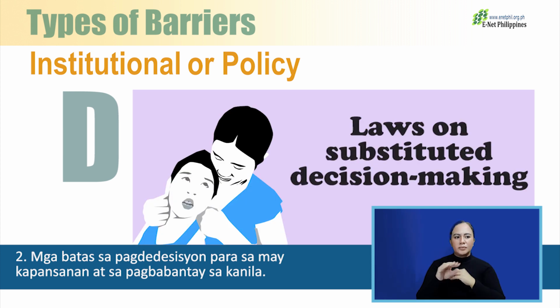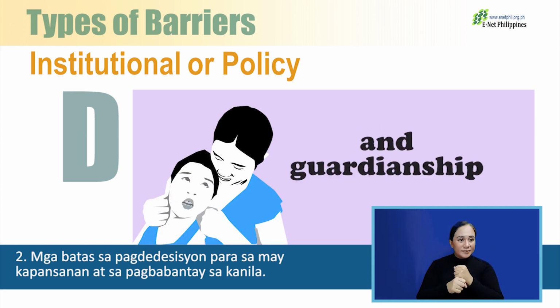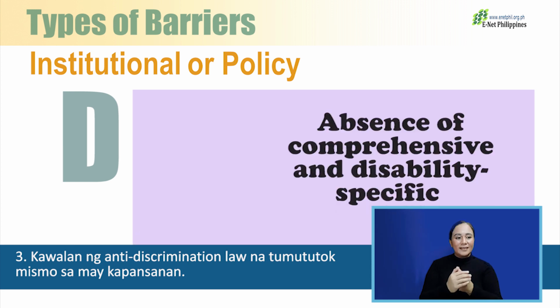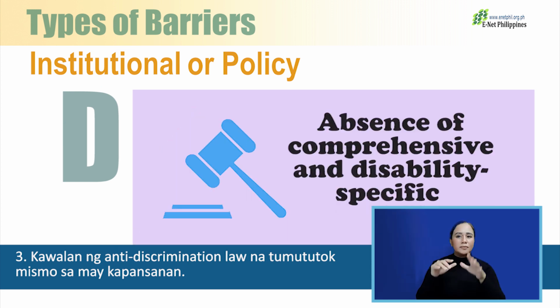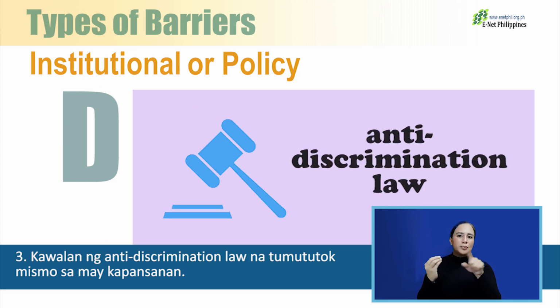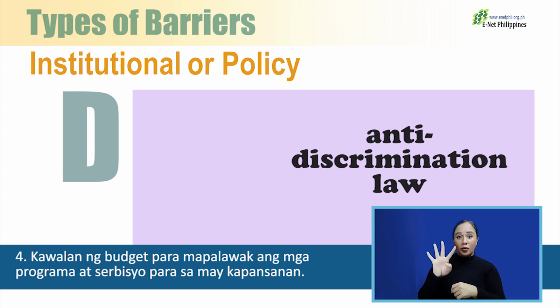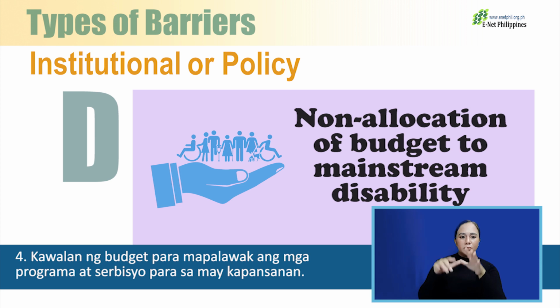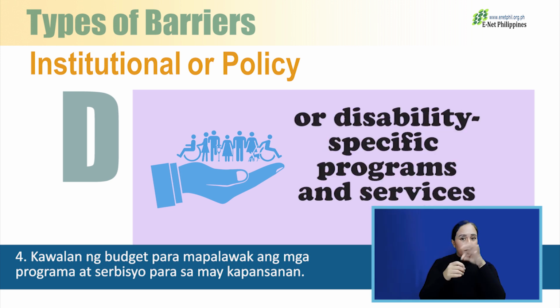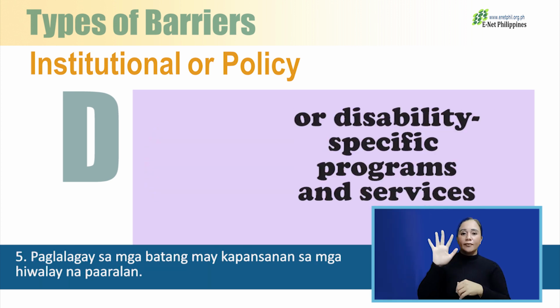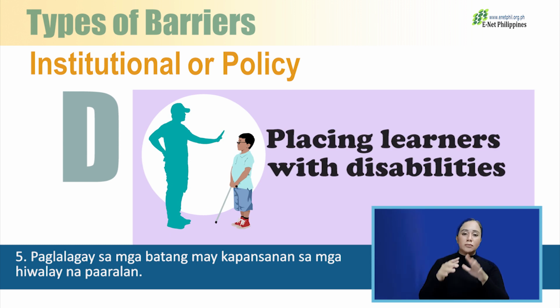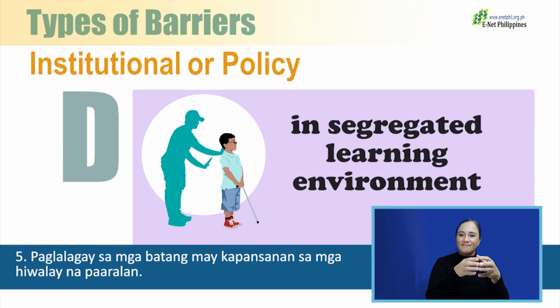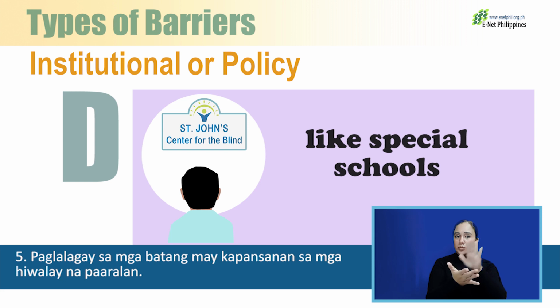Laws on substituted decision-making and guardianship. 3. Absence of comprehensive and disability-specific anti-discrimination law. 4. Non-allocation of budget to mainstream disability or disability-specific programs and services. 5. Placing learners with disabilities in segregated learning environment, like special schools.